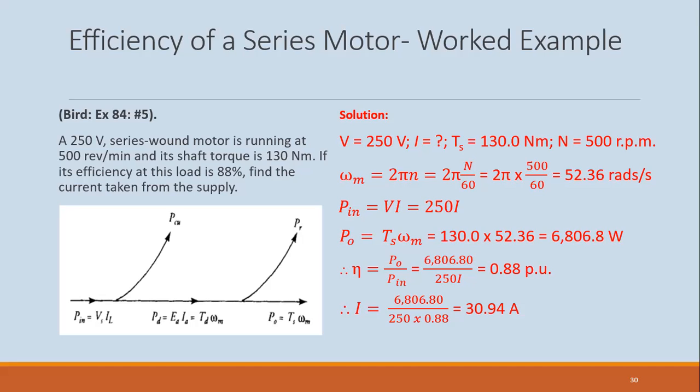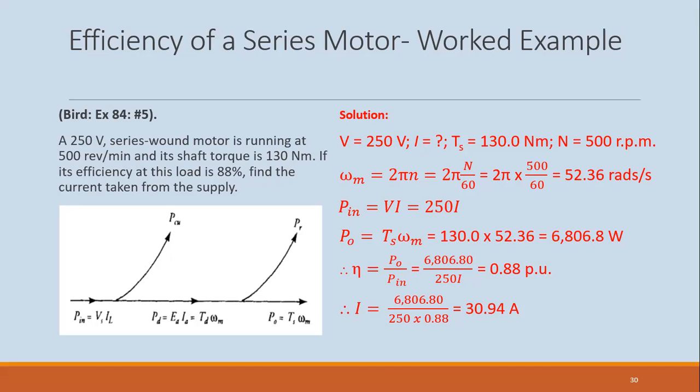So we can convert that to revs per second since we want the output power. Omega m would be 2 pi n, so 2 pi times capital N divided by 60. So 2 pi times 500 over 60, so 52.36 rads per second.